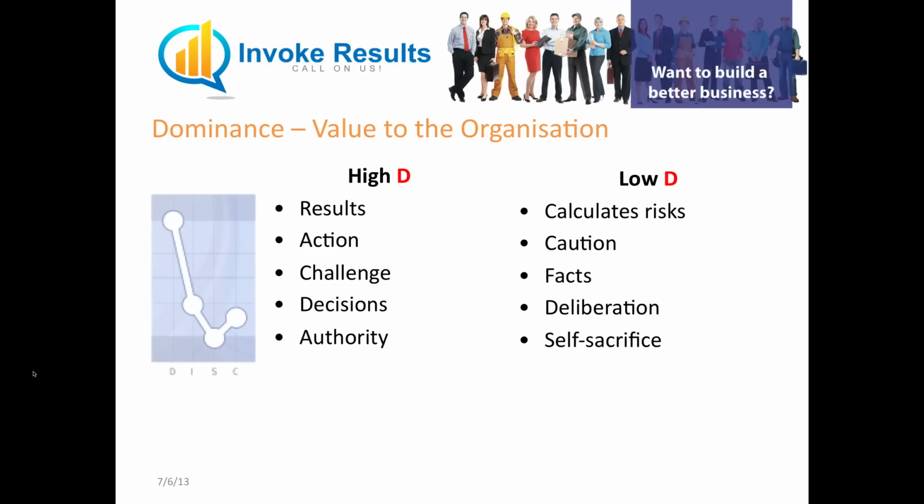Whereas if what you want is someone that is good at calculating risks, is quite cautious before moving forward, likes to collect facts, deliberates and self-sacrifices in order for the team, then the low D is a factor you'll be looking for in your people.